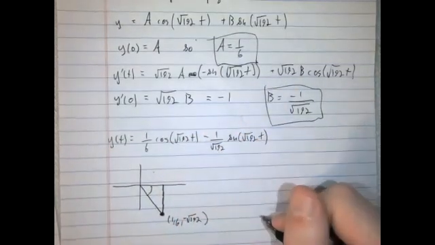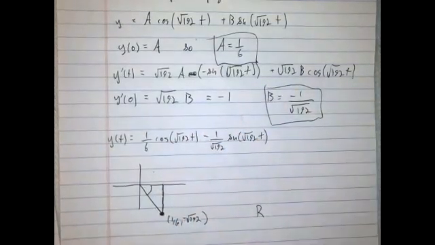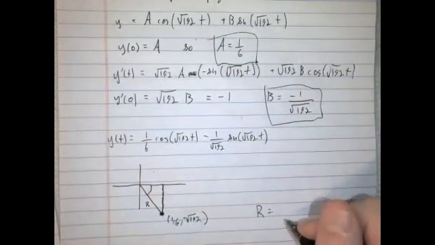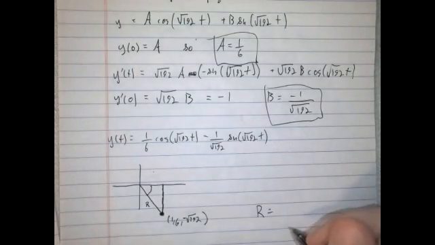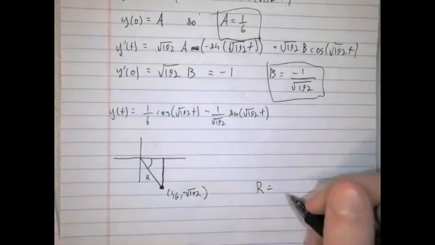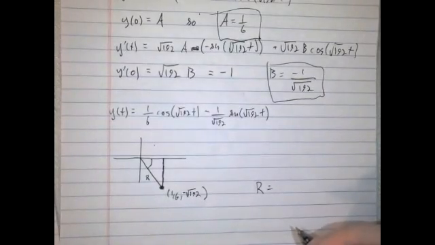In particular, it's easy to find R, right? What's R? How do I find the length of a hypotenuse?